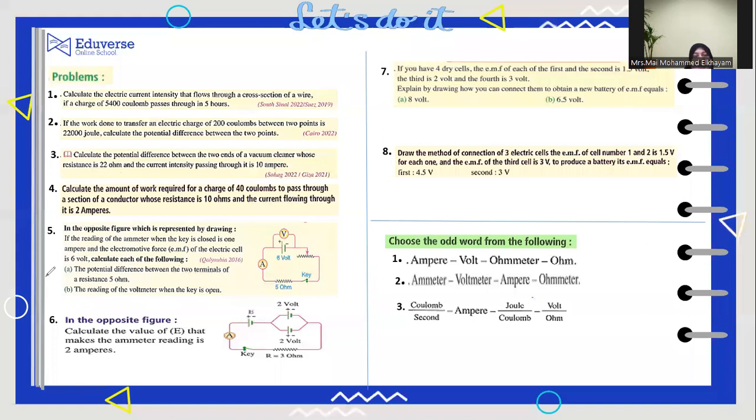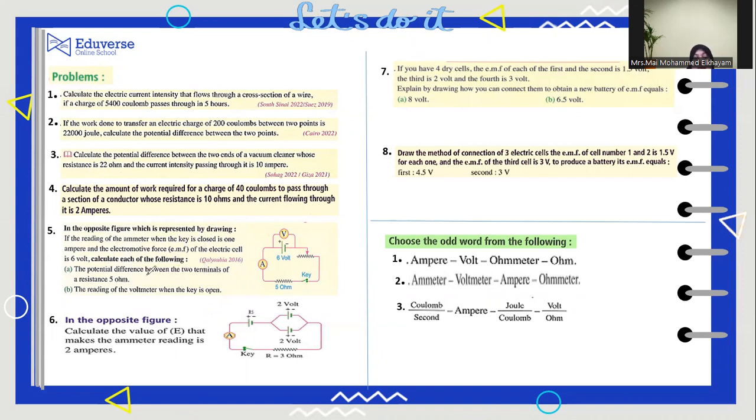Now, in the opposite figure, which is represented by drawing, if the reading of the ammeter when the key is closed is 1 ampere and the electromotive force of the electric cell is 6 volt, calculate each of the following. The potential difference between the two terminals of a resistance 5 ohm. Please pay attention.